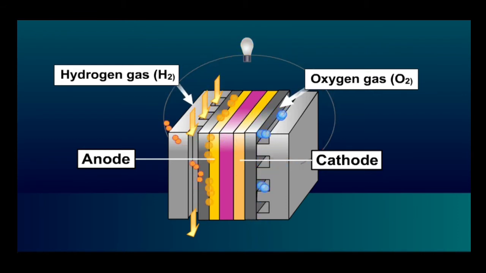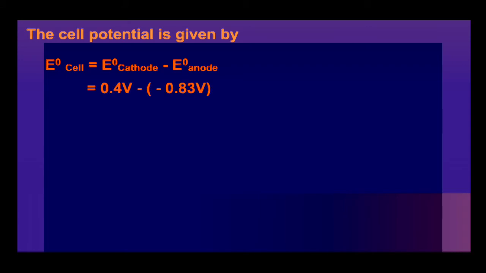The cell operates continuously as long as hydrogen and oxygen gases are supplied to the electrodes. The cell potential is given by E0 cell = E0 cathode − E0 anode = 0.4 V − (−0.83 V) = 1.23 volts.